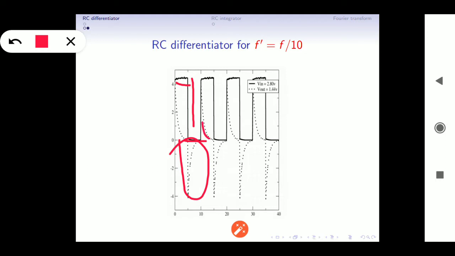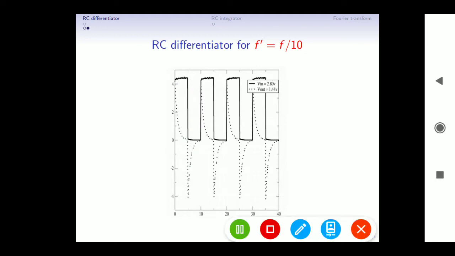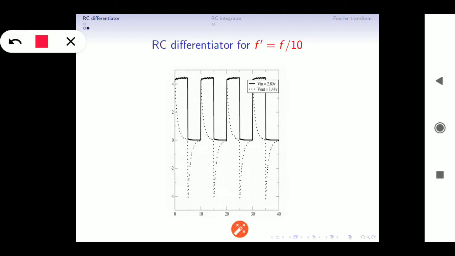Then it suddenly rises to a higher value, and due to this, you get a sudden peak in the output here. So these are actually delta peaks. Now for a true differentiator, if the circuit works exactly as a differentiator, these peaks should be like delta peaks. Here the peaks are not delta peaks, but they are nearly so.